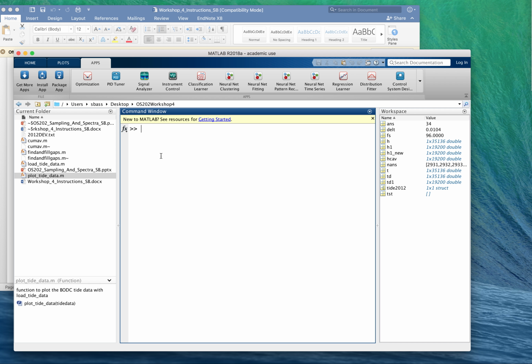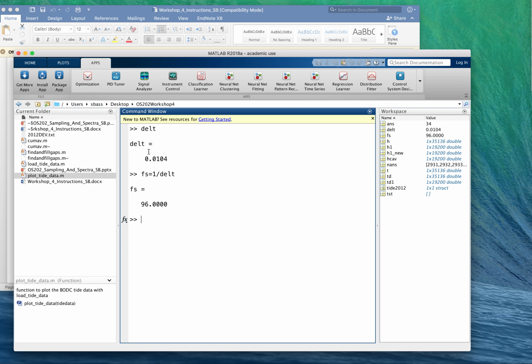So if you recall, our time interval between successive data points was 0.0104 days, which equated to a sample rate of 96 per day, and that gave us a sampling interval of 15 minutes, which is the same thing here in days.